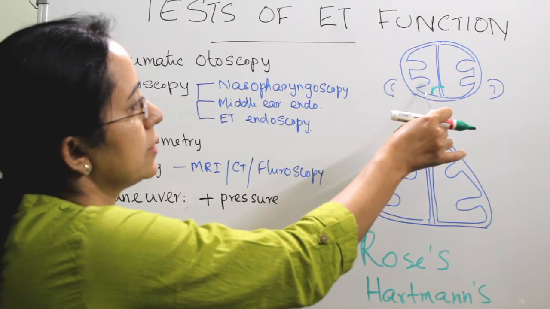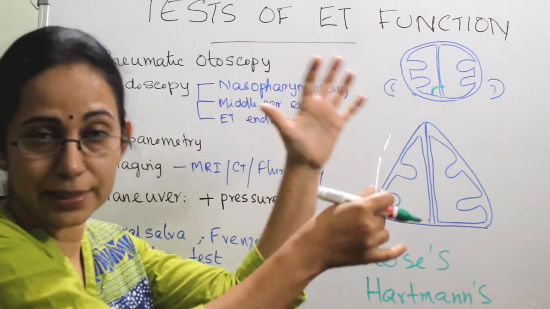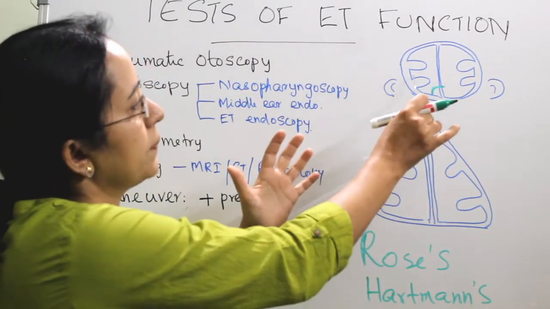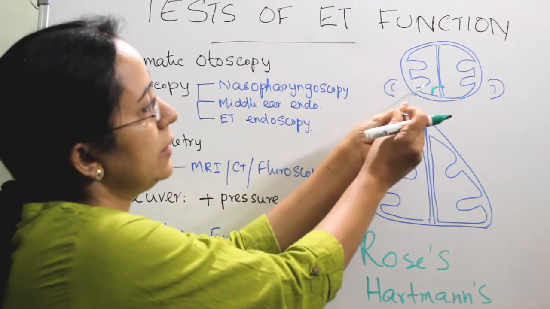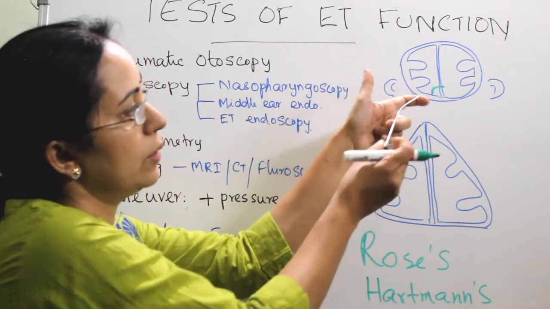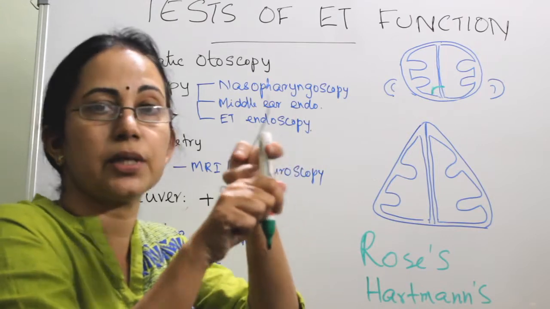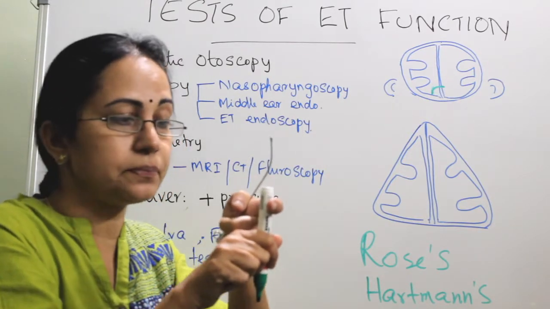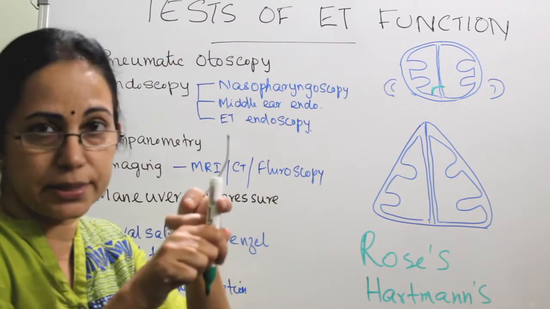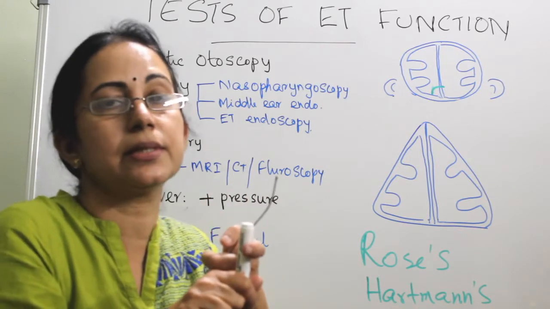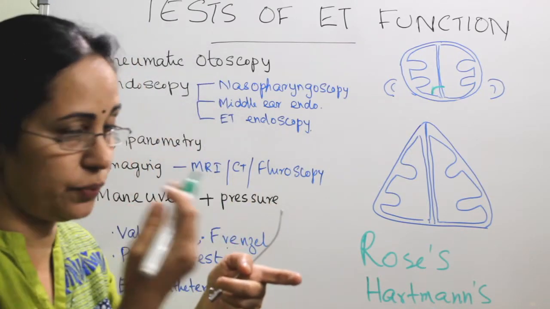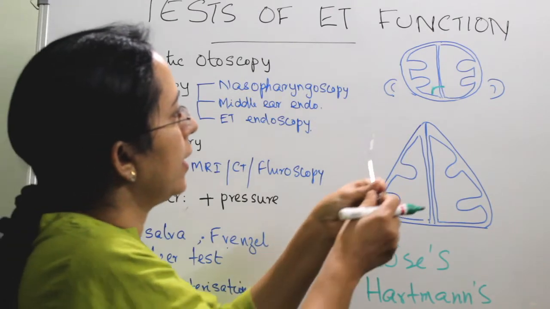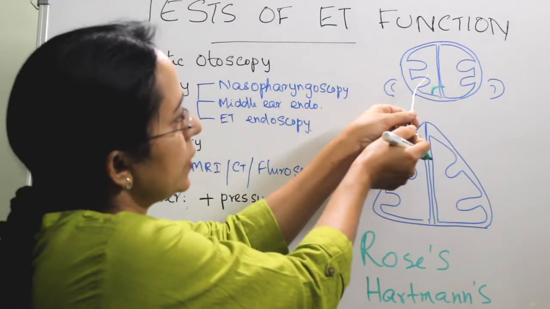So introduce it, and once it touches the posterior wall of the nasopharynx, just turn it 90 degrees medially so that it will go behind the posterior end of the septum, and pull it a little bit anteriorly towards you.